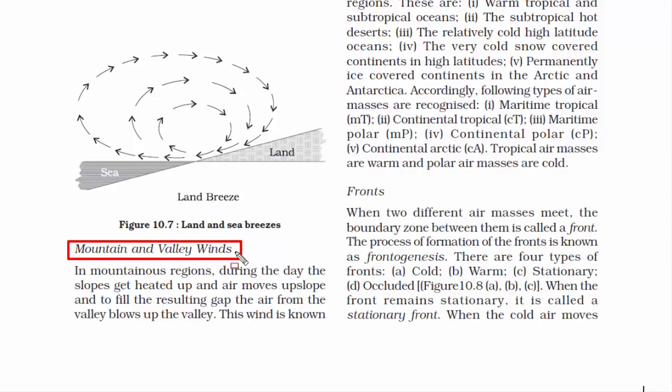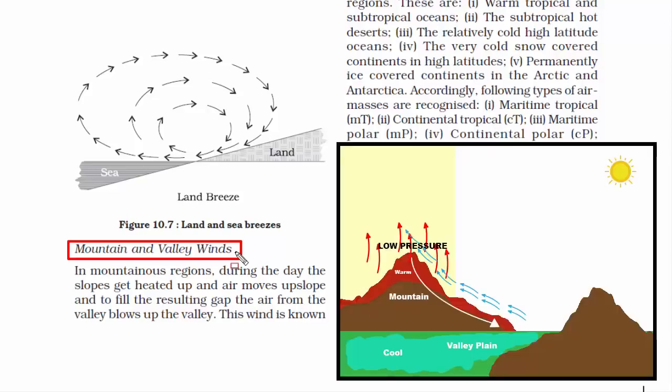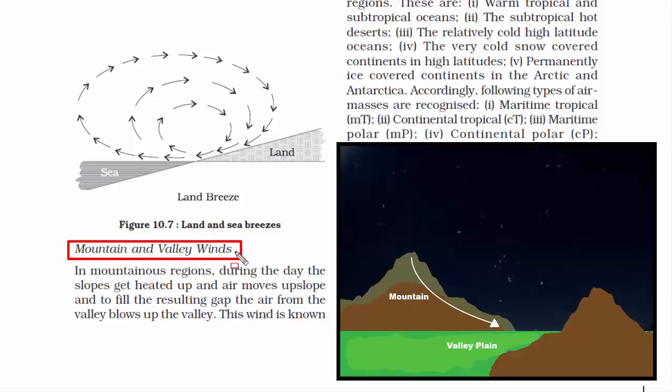So the warm low pressure zone at the top as well as at the slope of a mountain attracts cool air of the valley floor. So the air blows upward along the slope of the mountain. There's another name given to this kind of wind. It's called anabatic winds.